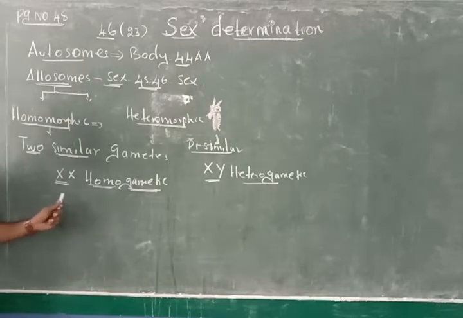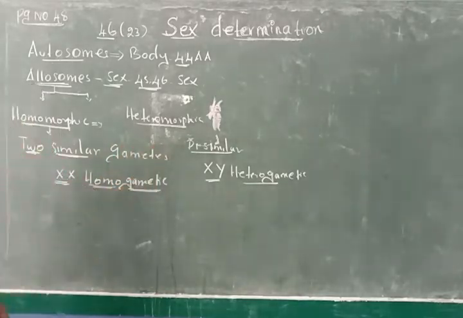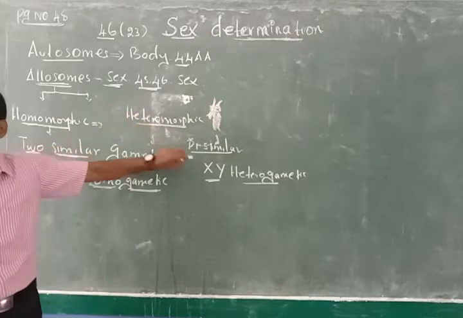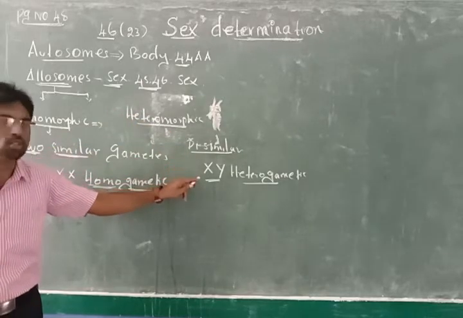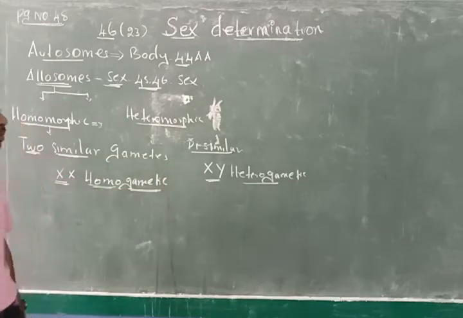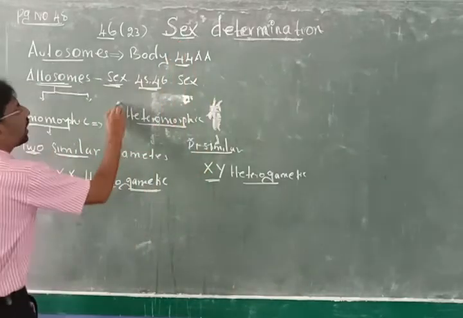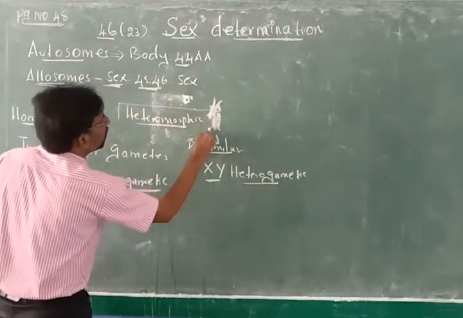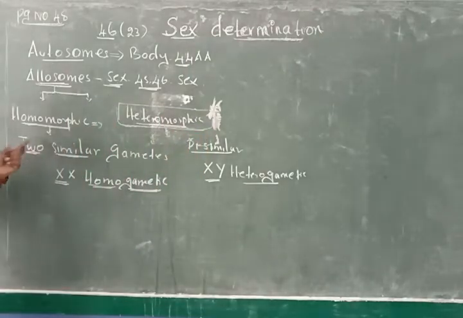Both are similar. When you talk about heteromorphic, you have dissimilar gametes. In the sense, two different types of gametes are formed in male. It is called X and Y chromosomes. Now, always the sex is decided only by the heterogametic or heteromorphic chromosomes, not by the homomorphic.